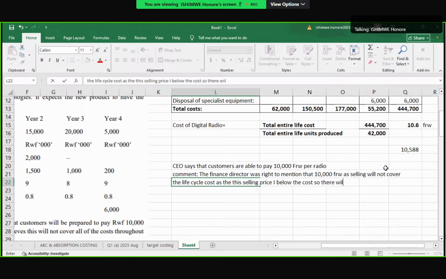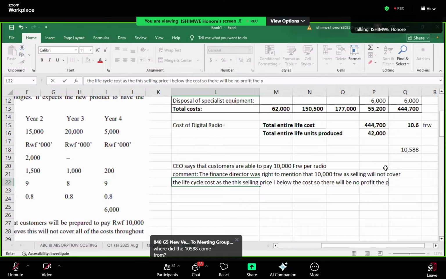So there will be no profit on the product being made.